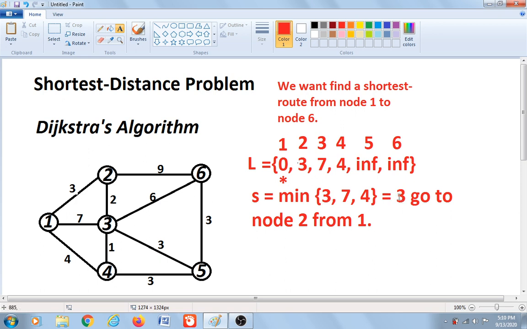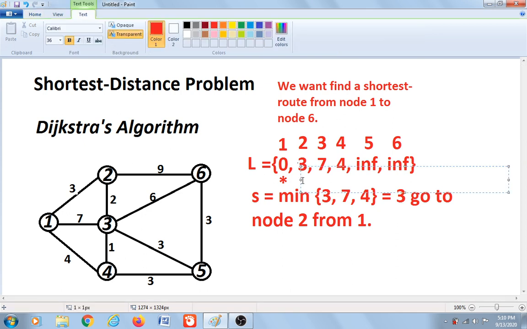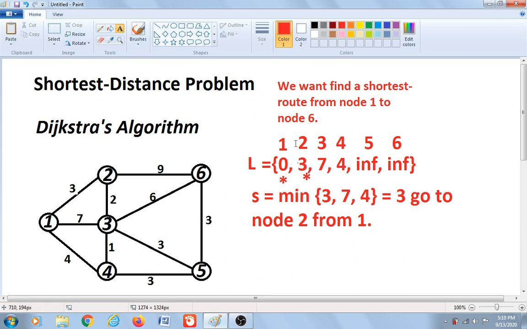So from node number 1, I go to node number 2. So now I put a star here on 3 because the distance is 3, and that is for node number 2. So I have two nodes with a label right now, node number 1 and node number 2.